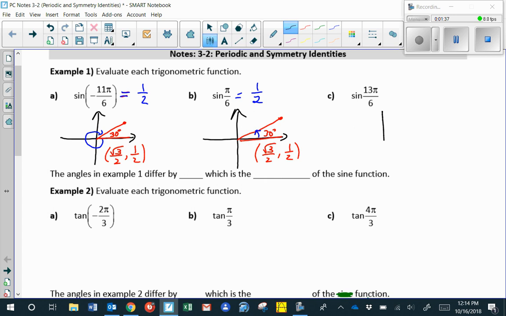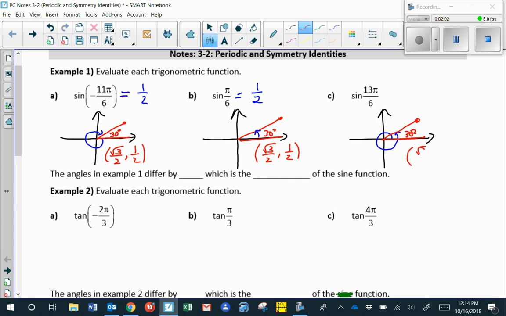And if we look at an angle of 13 pi over 6, that's more than 12 pi over 6, or more than one full rotation. Positive angles rotate in a counterclockwise direction. So our terminal side is, again, 30 degrees displaced from our initial side.